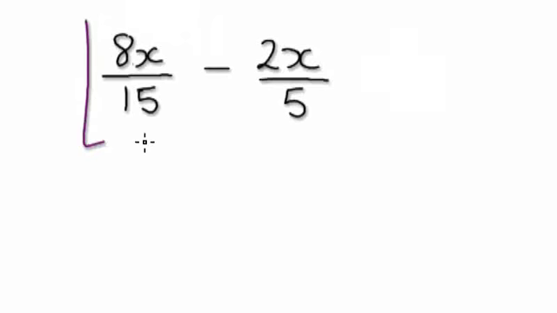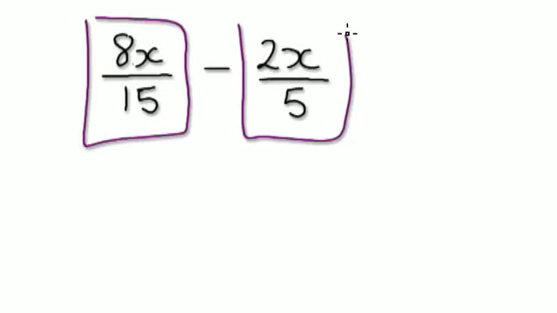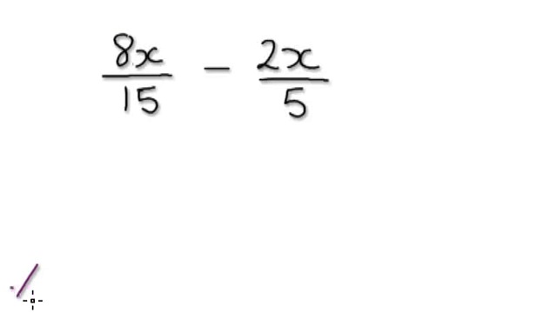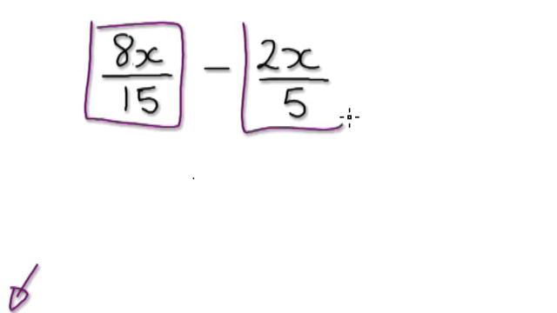Okay, so how do you get these two fractions to be the same? Press pause and have a go. All right, so somehow get the two denominators to be the same. We're just going to times this top and bottom by 3.